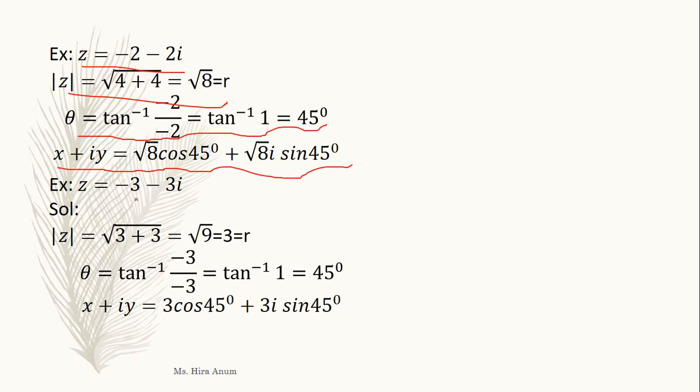Another example: you have to know how to find mod z, a square plus b square, or x square plus y square, which equals r. So r is 3, and theta is tan inverse y over x, or b over a, which equals 45 degree.